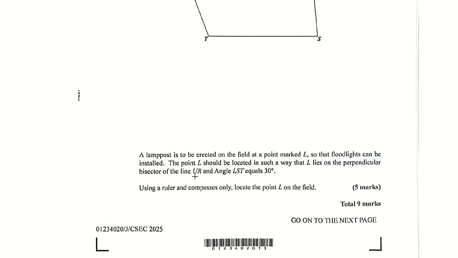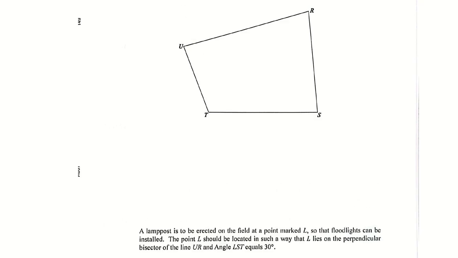So first, let's do the first part, which is to find the perpendicular bisector of UR. UR is here, and we need to find the perpendicular bisector. They only told you to use a compass and your ruler, right? You are going to open out your compass to more than half the line.